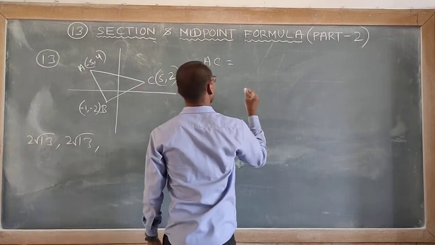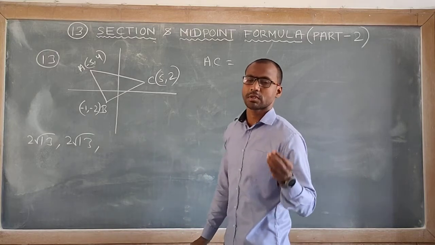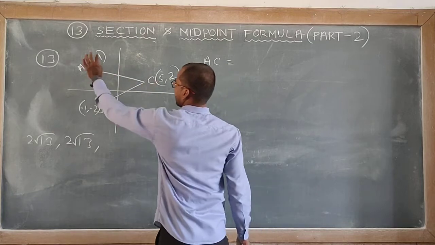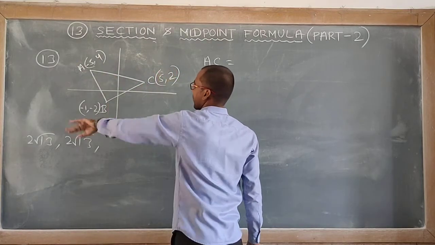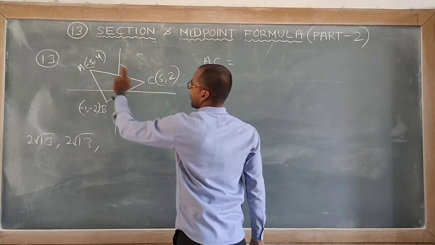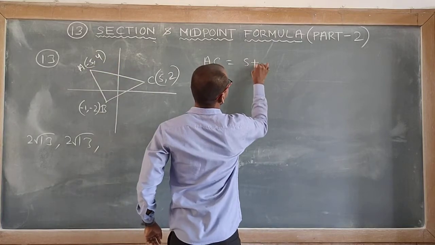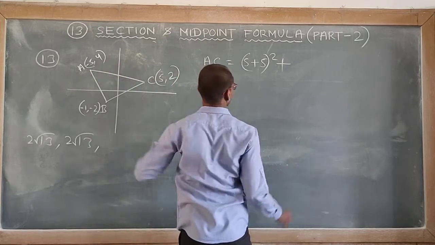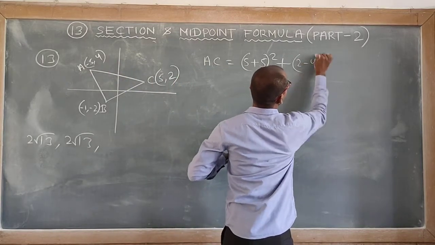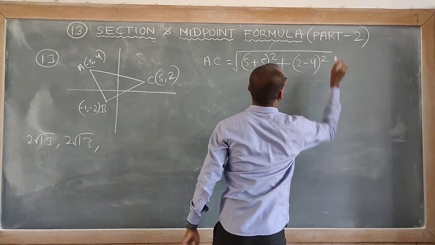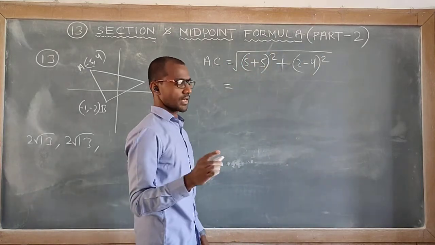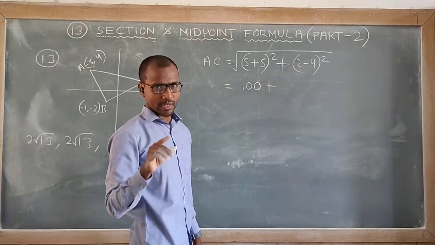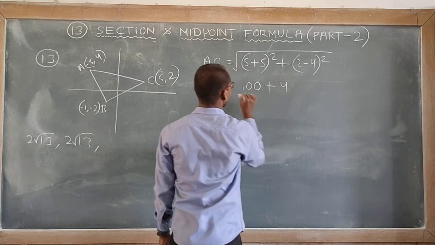AC is equal to, again the same formula, square root of (x2 minus x1) whole square plus (y2 minus y1) whole square. So x2 minus x1 means AC. This is x1 y1, this is x2 y2. Forget B. So x2 minus x1 means 5 minus minus 5, which is 5 plus 5. y2 minus y1 means 2 minus 4. 5 plus 5 is 10, 10 square is 100. 2 minus 4 is minus 2, minus 2 square is 4.